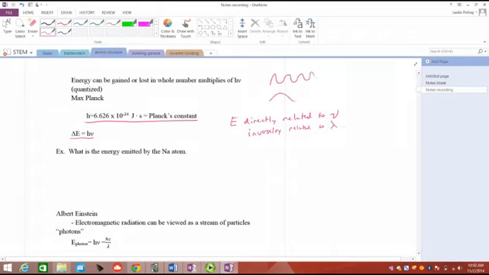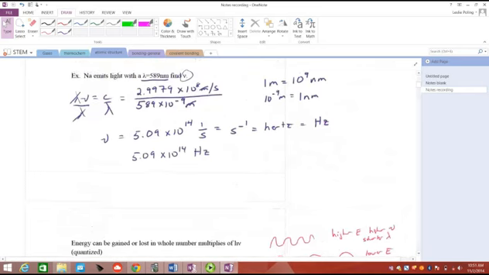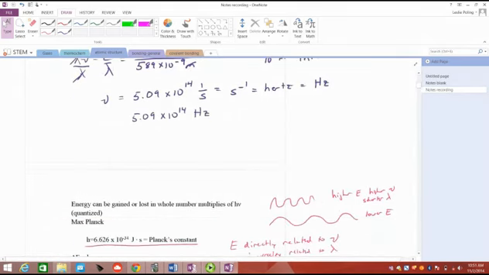If we draw some waves here, that one has the higher energy, that one has the lower energy, this one also has the higher frequency and the shorter wavelength. So, if we want to know the energy emitted by that same sodium atom we had before, well, we know that it has 589 nanometers.